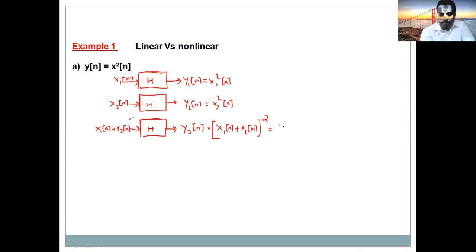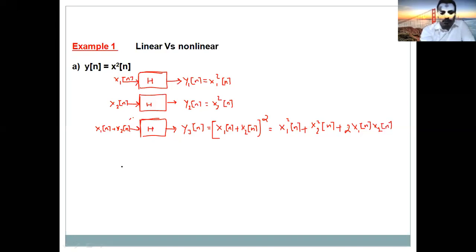It will be x1 square of n plus x2 square plus 2 times x1 of n x2 of n.